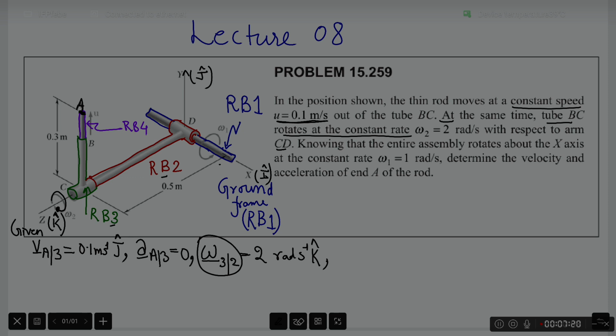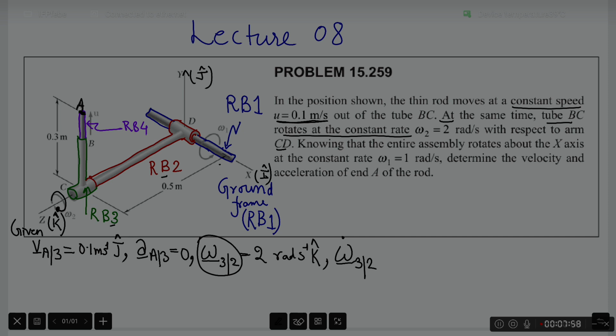Can we use the given information about the change in omega 32 and translate it into a mathematical expression here? The quantity of interest here is omega dot 32, which is the angular acceleration of RB3 with respect to RB2.